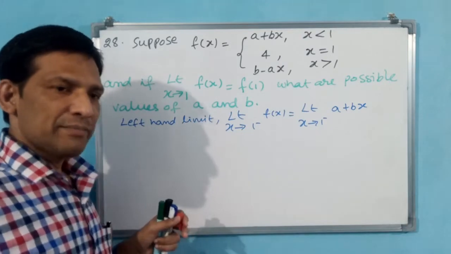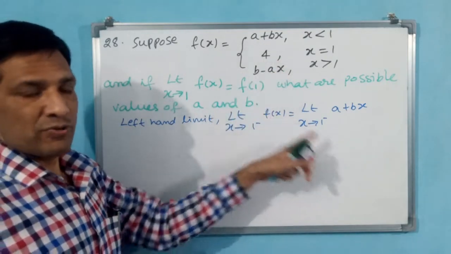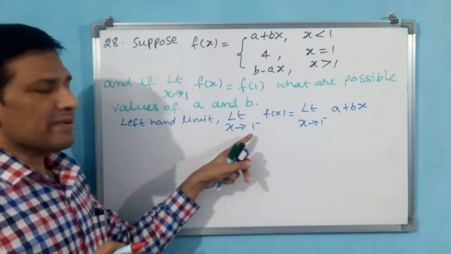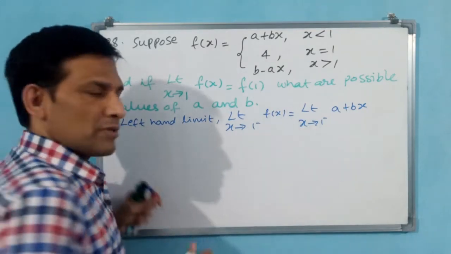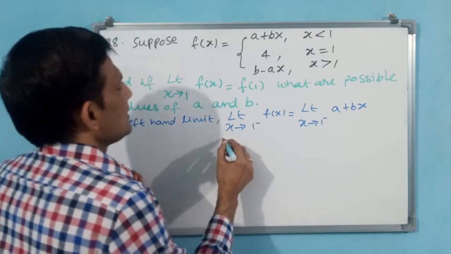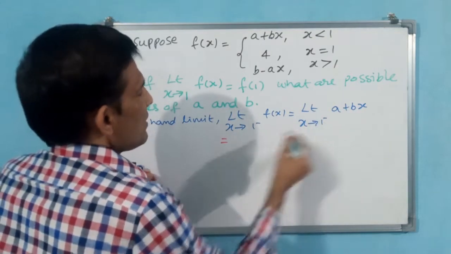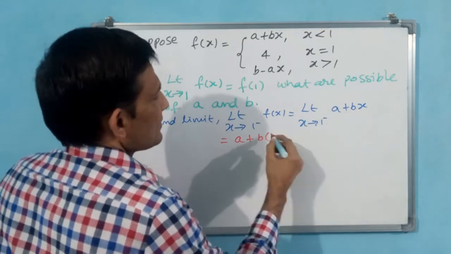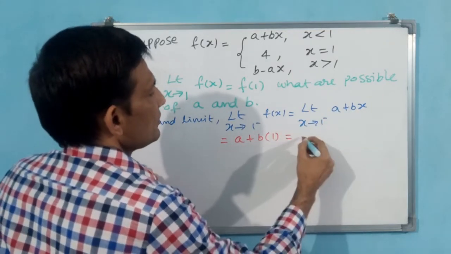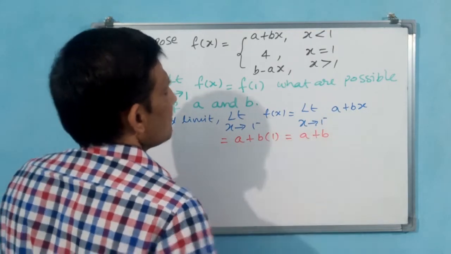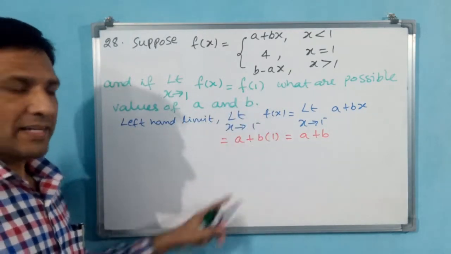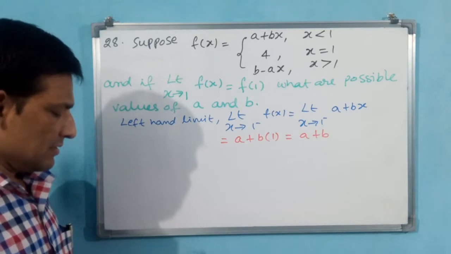For taking this expression only this one, but while substituting, the value where the limit is, that value only you are going to substitute. That is logically you have to think. That is, a is a only, plus b into x. X means 1 only. That is equal to a plus b. Okay. Afterwards we will make this equal to 4, finally these 2 equations.